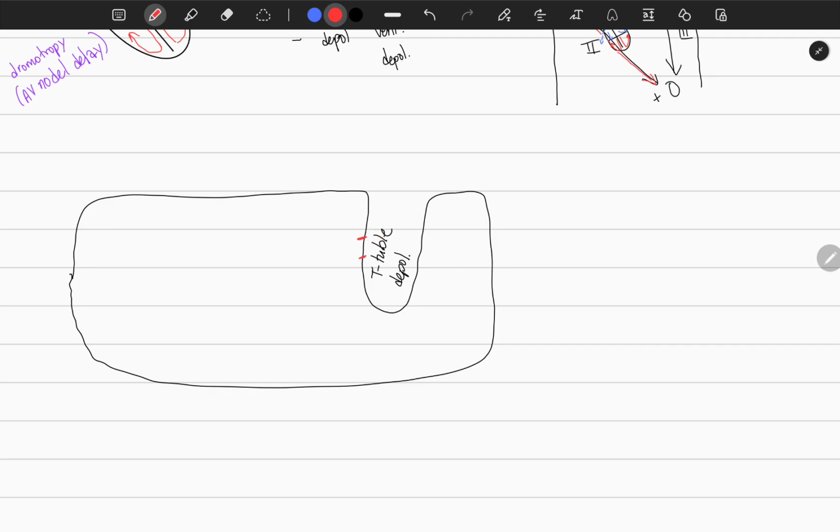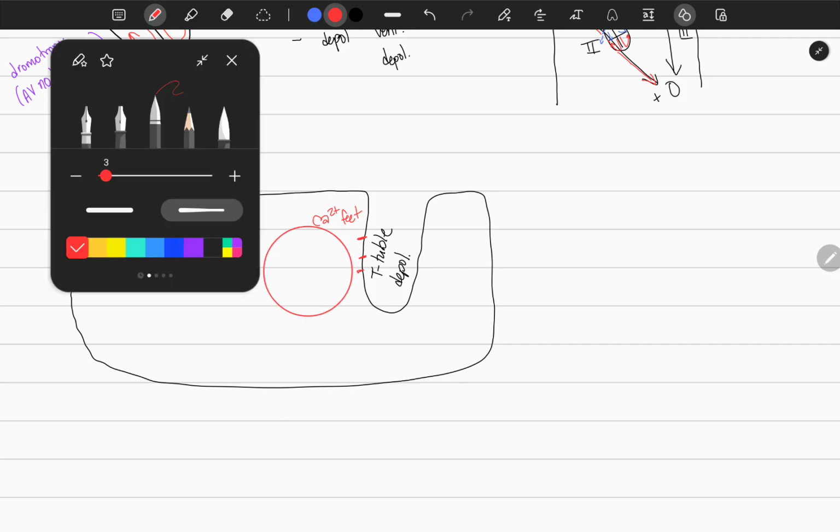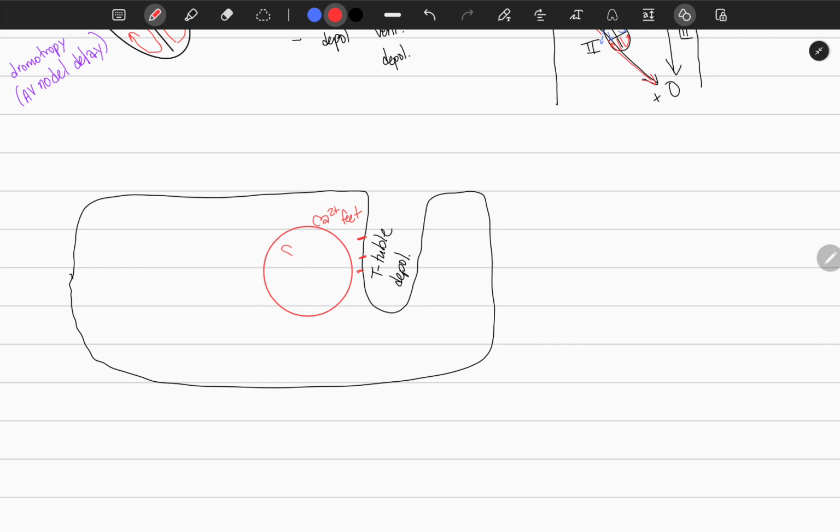Right next to the T-tubule, we have calcium feet, which are sensitive to this depolarization. And right next to the feet is our sarcoplasmic reticulum, SR for short, which stores lots of calcium.